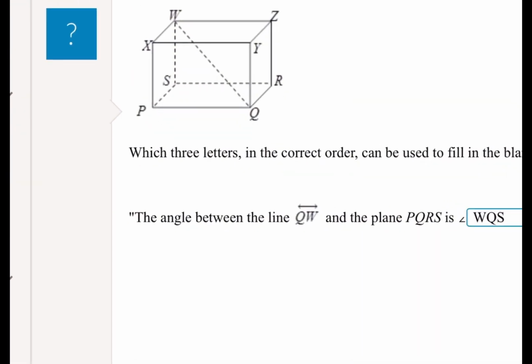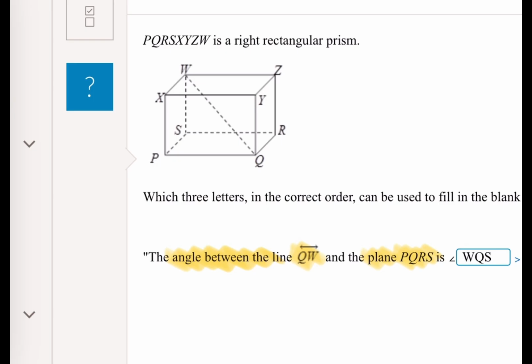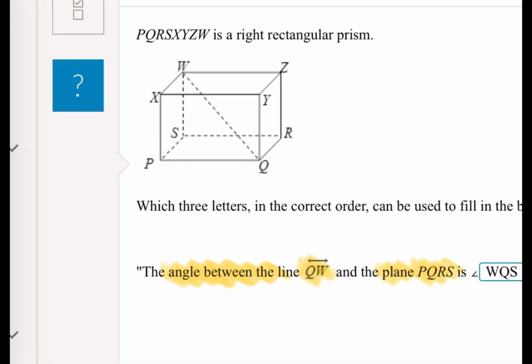Here you need to find the angle between the line QW and the plane PQRS. So the line QW is this line here, and the plane PQRS is this plane, and you need to find the angle between them. We're gonna draw the plane first.